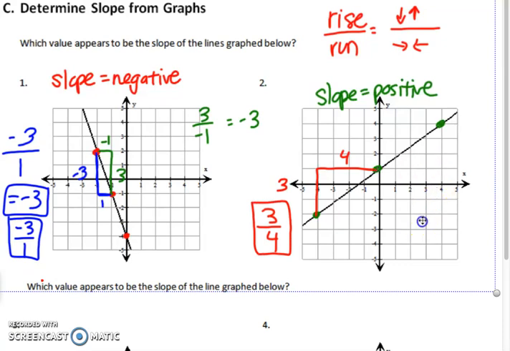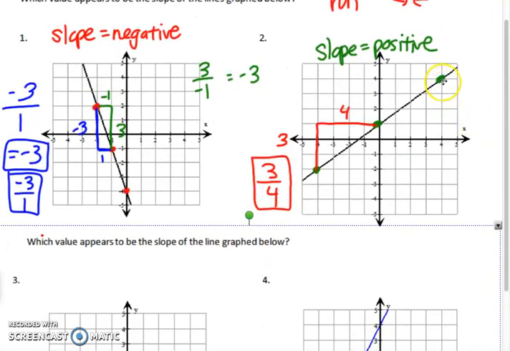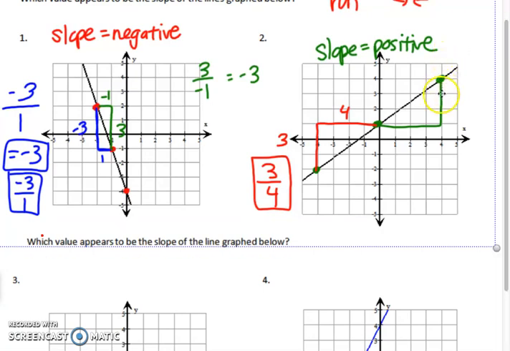Okay, let me show you a different way. You could also start at this top point over here and make a slope triangle like this. So you could go like that. And for example, if you started at this point, you went down 1, 2, 3. And if you go down, that's negative 3.